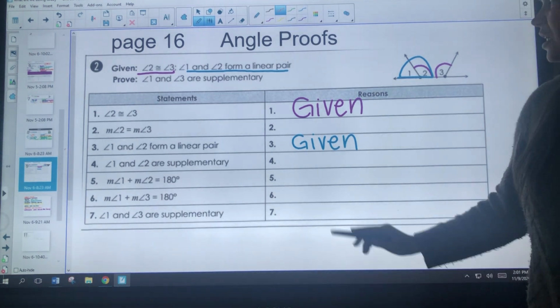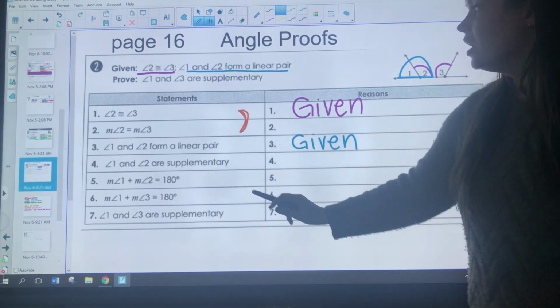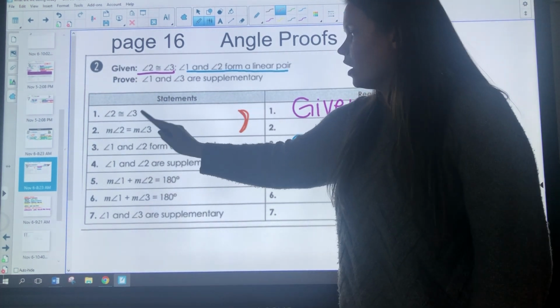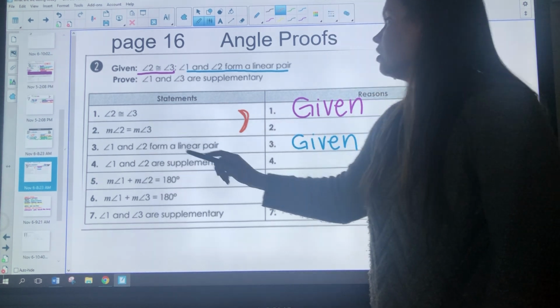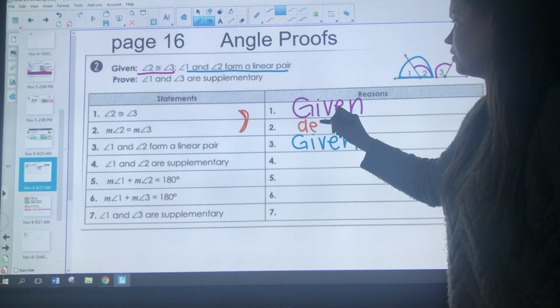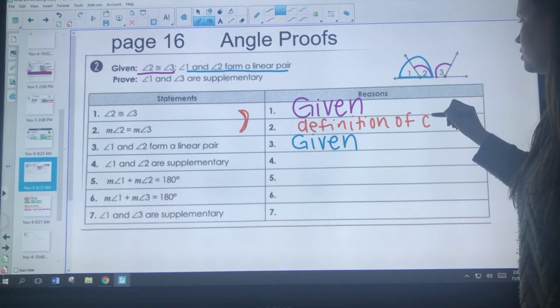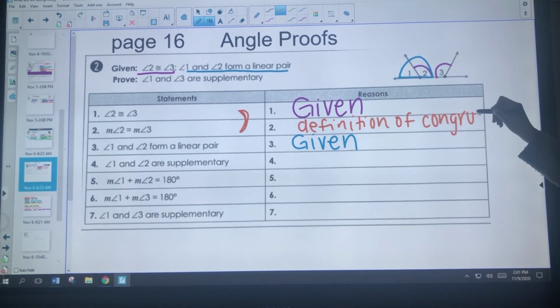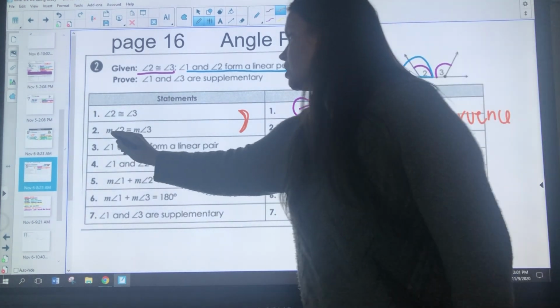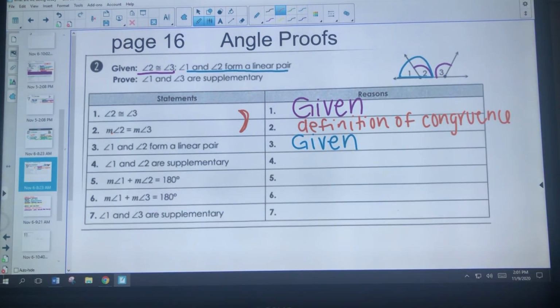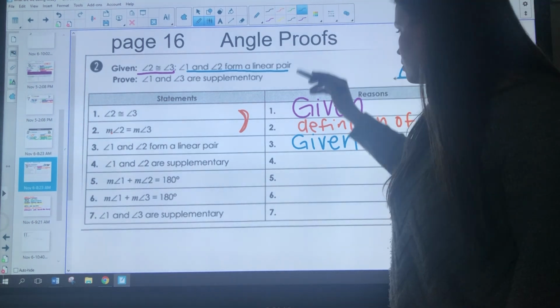All right, so just look at these two rows though. If 2 and 3 are congruent, why are we allowed to say that their measures are equal? That's the definition of congruence. Again, congruence means two things have the same measure, and M stands for measure. Okay, just use 3 to answer line 4.